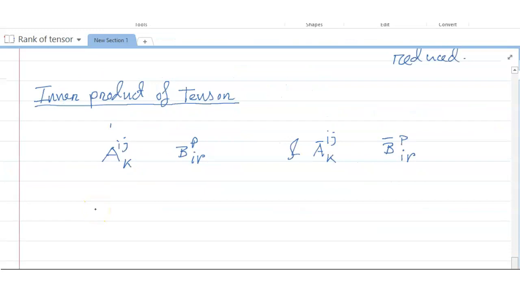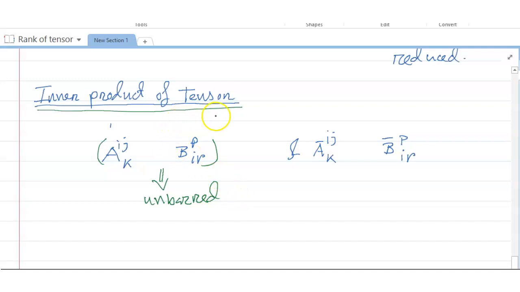So friends, let's try to discuss the inner product of a tensor. Let's discuss the inner product of these tensors. So friends, these are the coordinate systems.